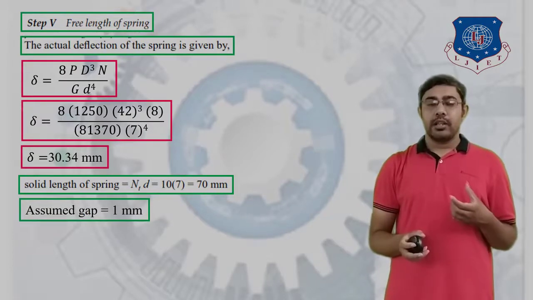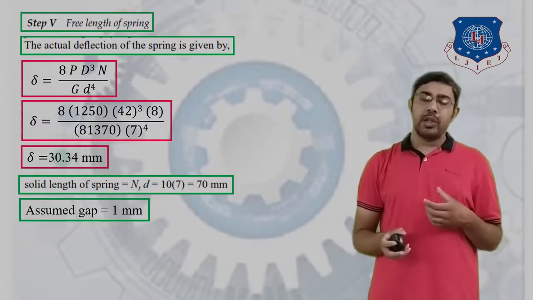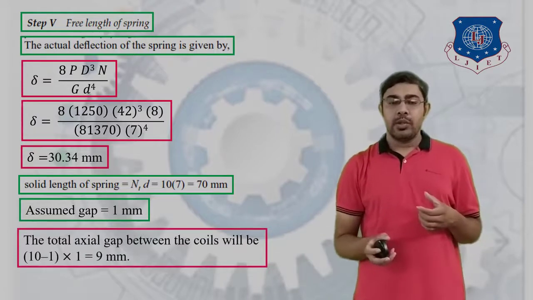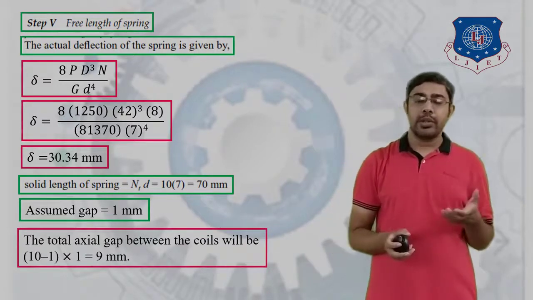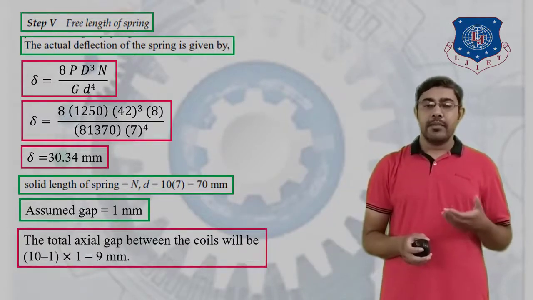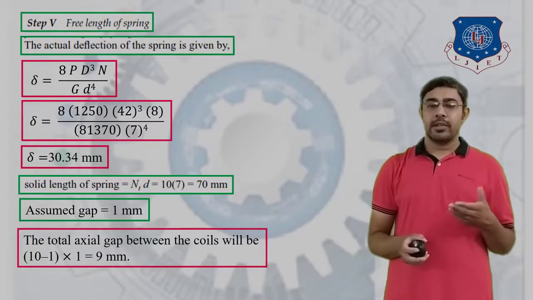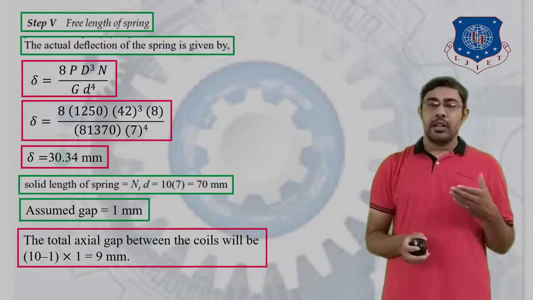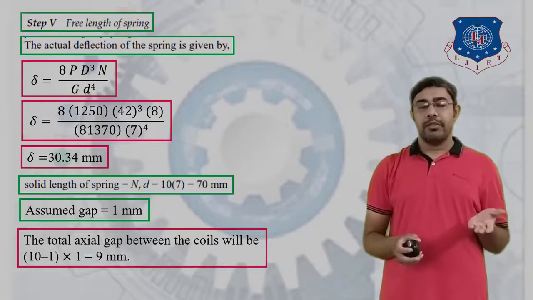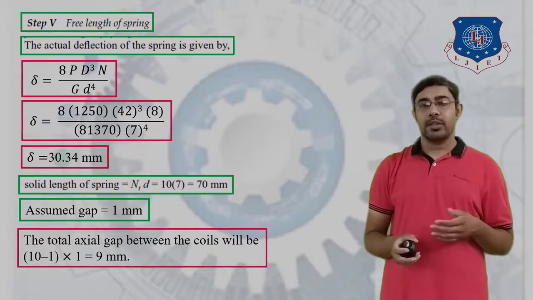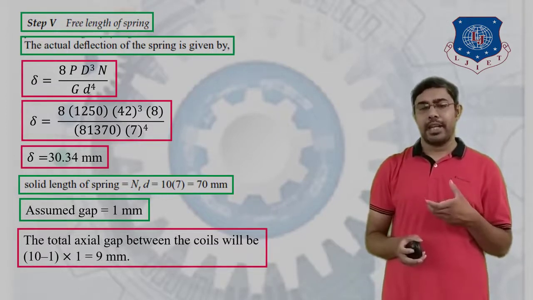Now assume the gap is equal to 1 mm. As the number of coils is 10, it will be 10 minus 1 into 1, so the total axial gap is 9 mm.